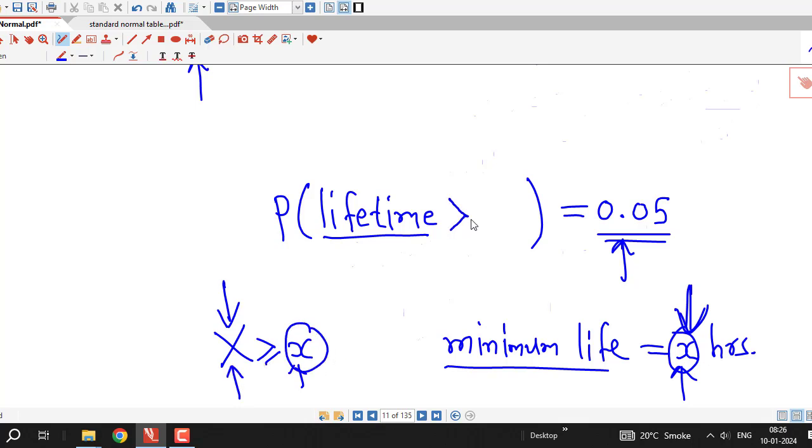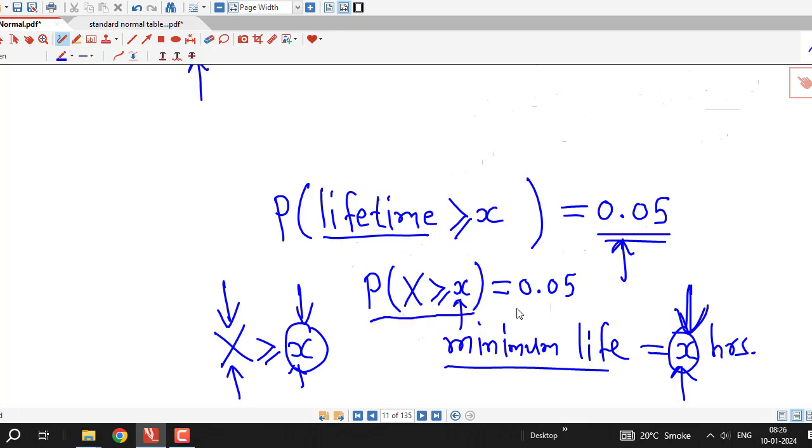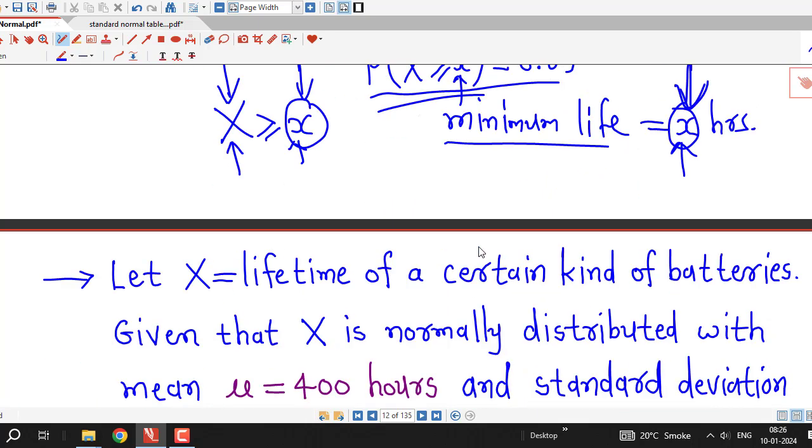We have to find the value of small x which is minimum. So we can write it this way: lifetime is denoted by capital X, and we have to decide the value of small x in hours such that this probability is 0.05. So this we have to do in this problem.